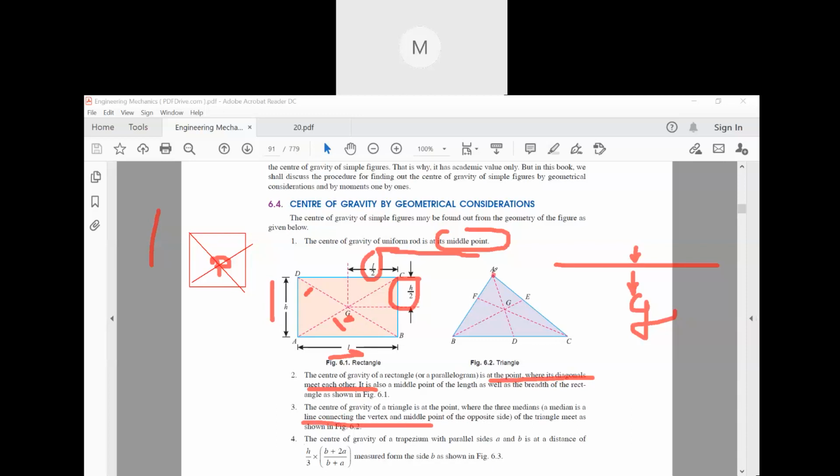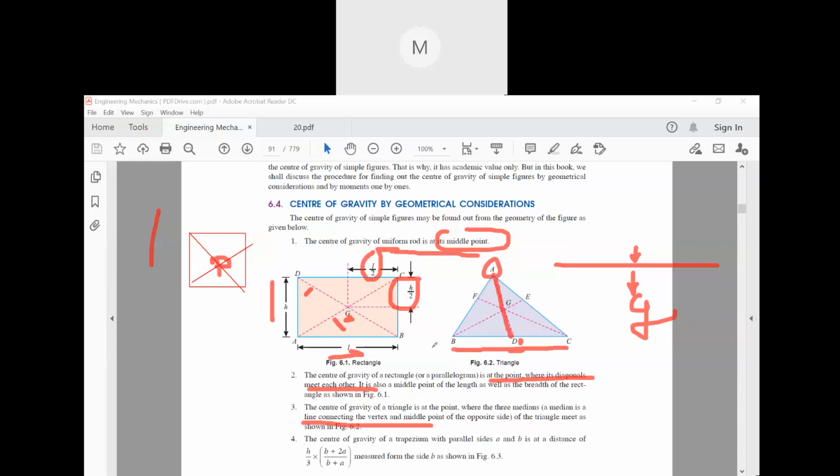This line connects the midpoint D of side BC, and A is the vertex. So we are drawing a line like this.